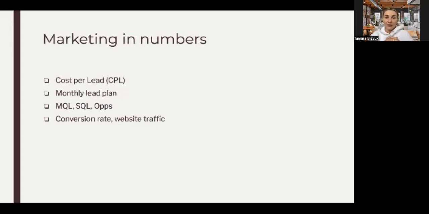The conversion rate, the traffic, how many leads you generate, how they convert to SQLs and opportunities, how you measure the effectiveness of your marketing activities and campaigns that you launch.